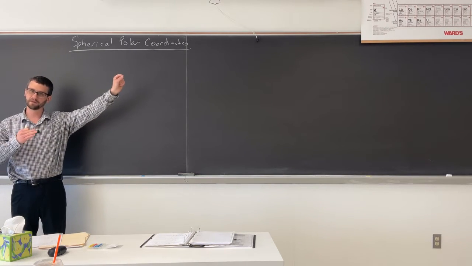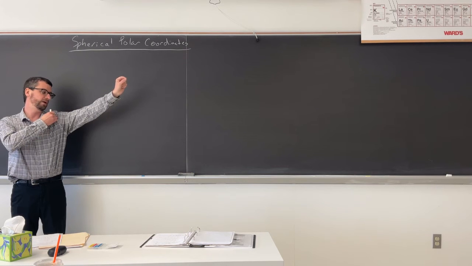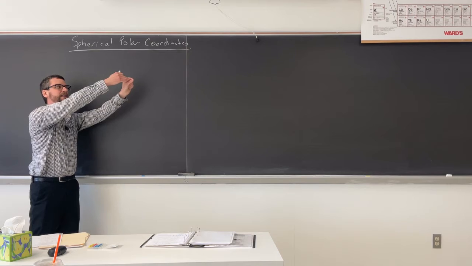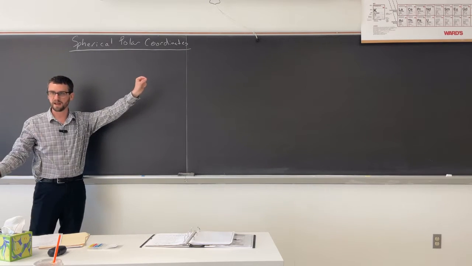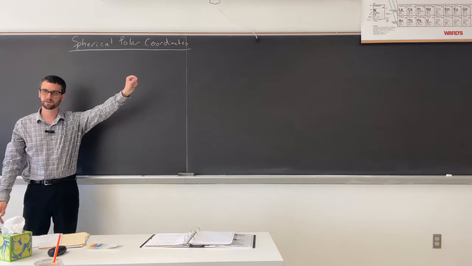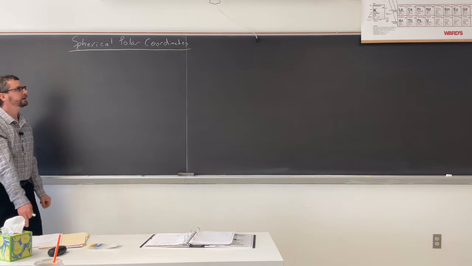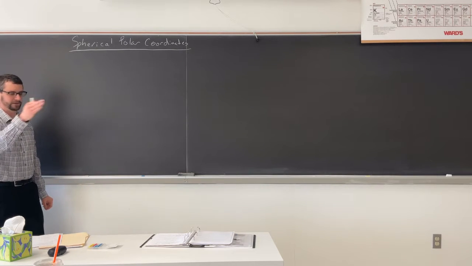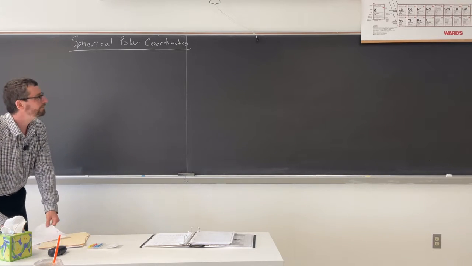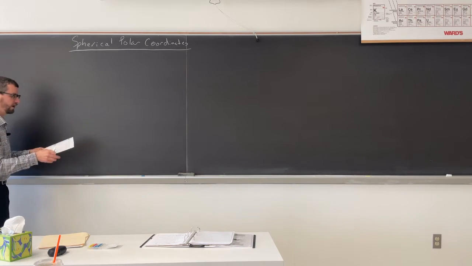So instead of expressing a point as X, Y, and Z, if you have a point in space, you can represent it like, let's pretend my armpit's the origin. We could express it as a distance that way, and then angles in space. So the two angles, theta and phi, and then the distance r.